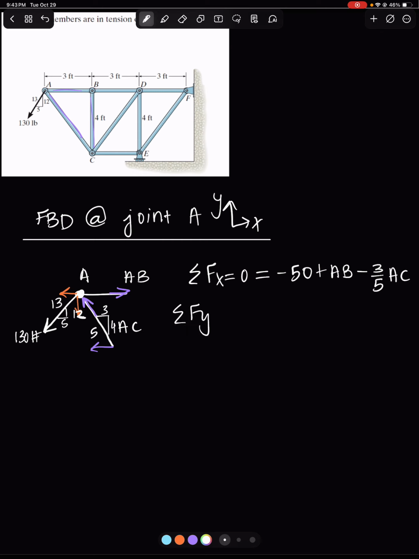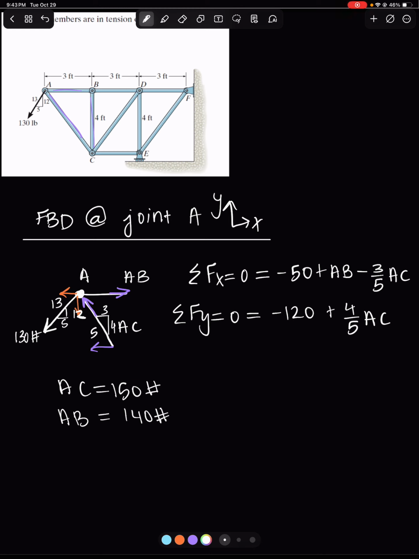The sum of the forces in y equals 0 equals our y component of the 130-pound force, which is negative 120, plus 4/5 AC. AC equals 150 pounds, and AB equals 140 pounds. That's what you get when you solve the two equations together, the system.